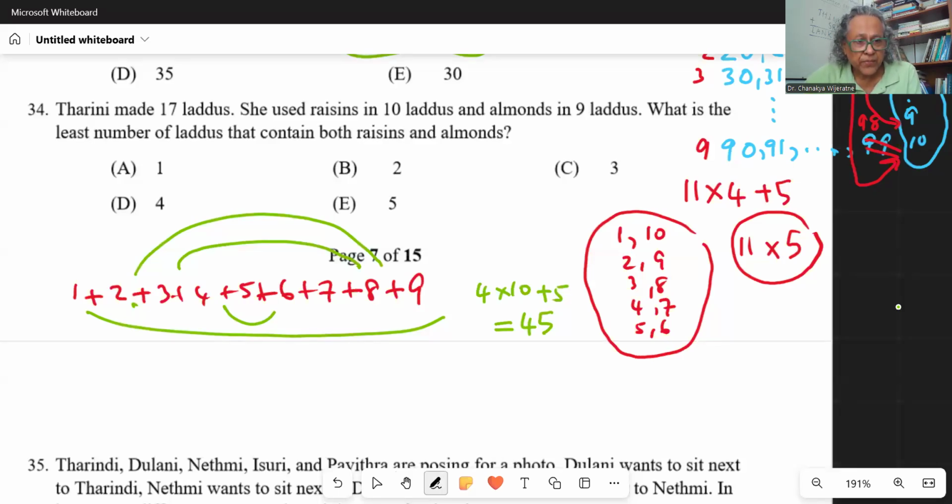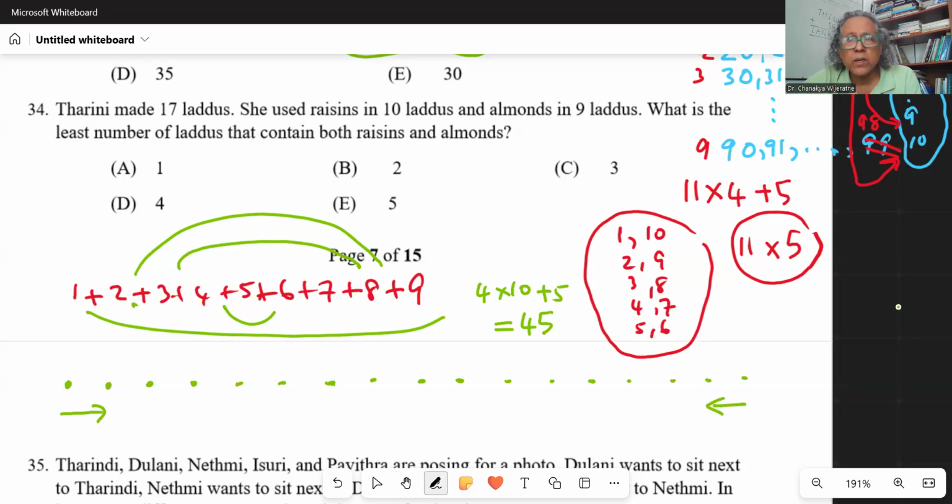So what we do is that we have these laddus here, right? 3, 4, 5, 6, 7, 8, 9, 10, 11, 12, 13, 14, 15, 16, 17, right? We're going to put raisins starting from here, and almonds from here, one at a time, right?